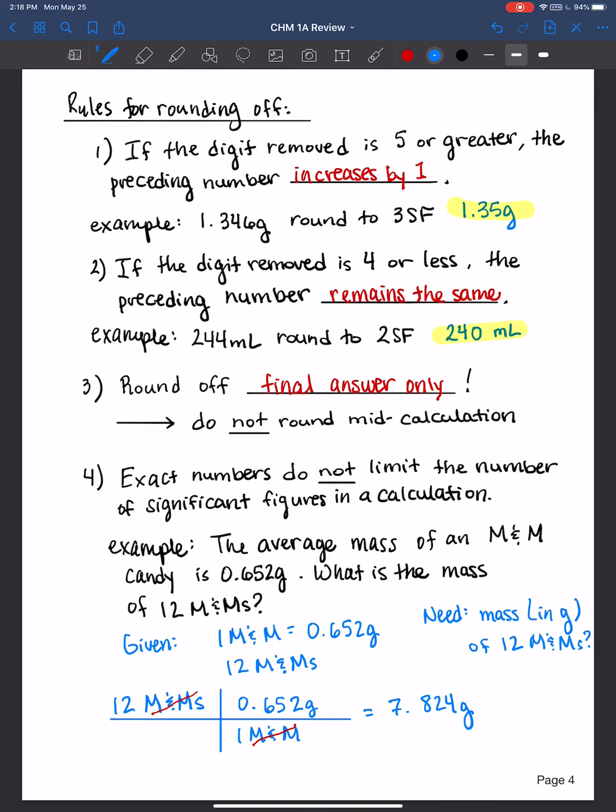But always remember to think like a scientist and report to the appropriate number of significant figures. And so in doing so, I look at the given information here.